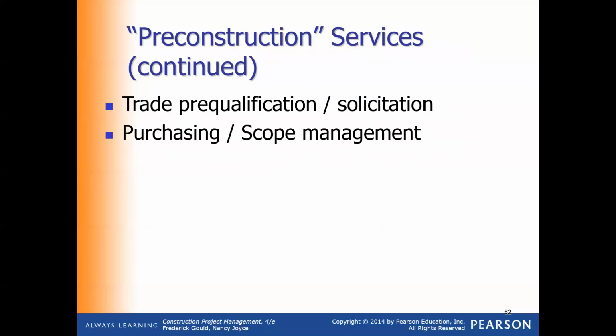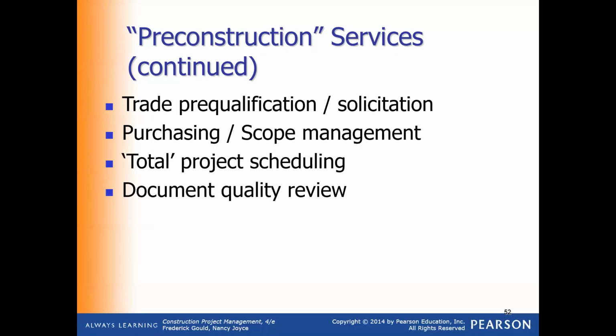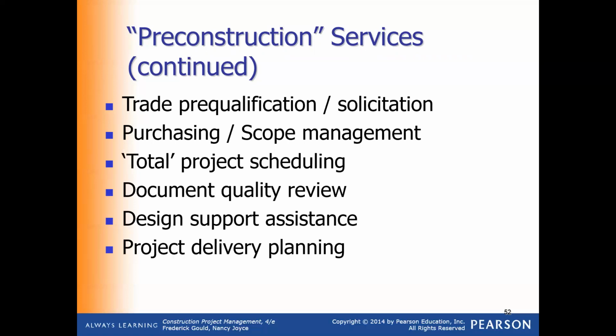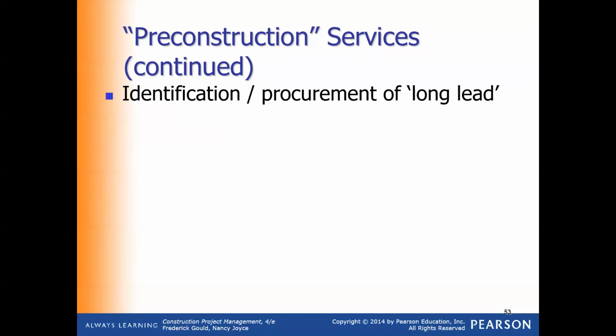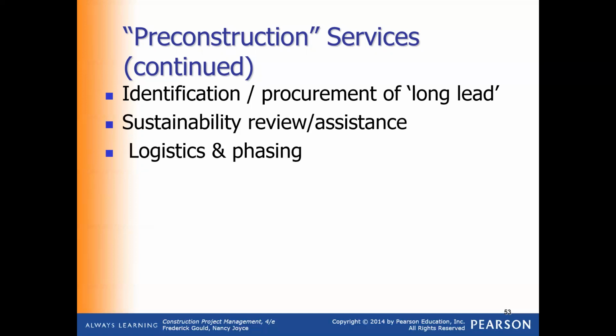Then the solicitation, the selection of your bidders, or the type of delivery that we would use for our project, and then the purchasing and the scope management and the document quality, design support assistance, project planning, and the long lead items that must be ordered before the construction starts, because they get either shipped from overseas, or these materials are assembled and fabricated offsite, and they must be brought in to the inside.